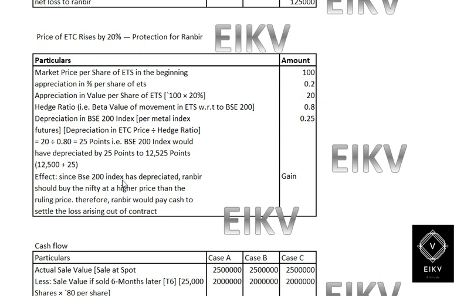Next one, effect: since the BSE 200 index has depreciated, the Rampage should buy the Nifty at a higher price than the ruling price. Therefore, the Rampage would pay cash to settle the loss arising out of the contract.